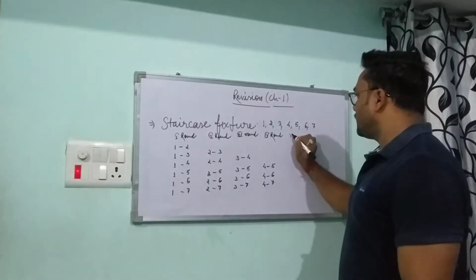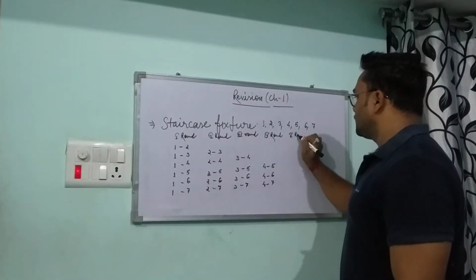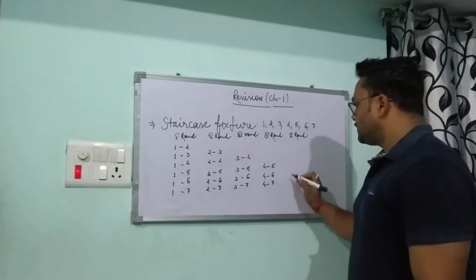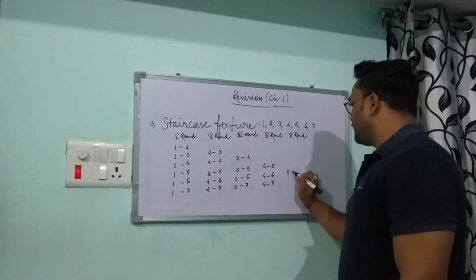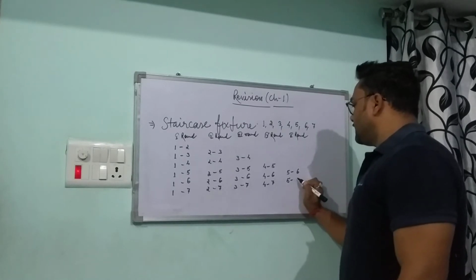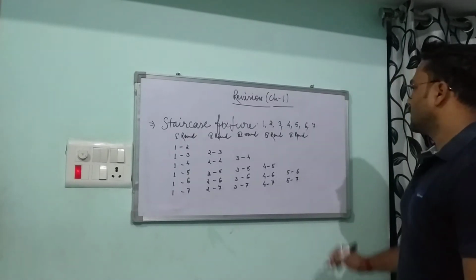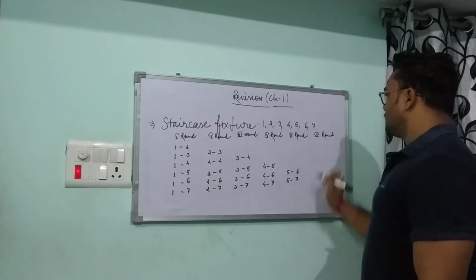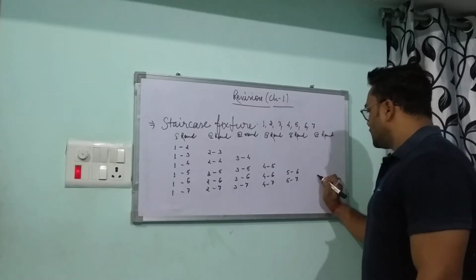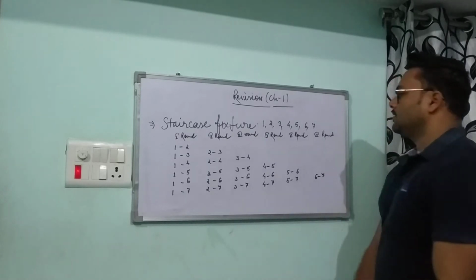Now, fifth round, 5 will play with 6 and 5 will play with 7. Sixth round, 6 will play with 7.